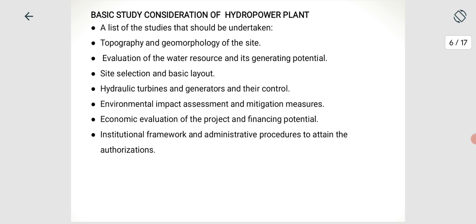Now, basic study considerations of hydropower plants. First, a list of the studies that should be undertaken.